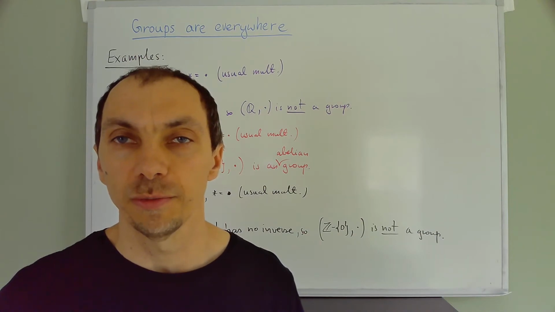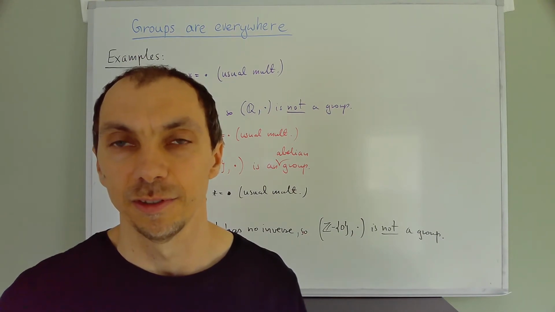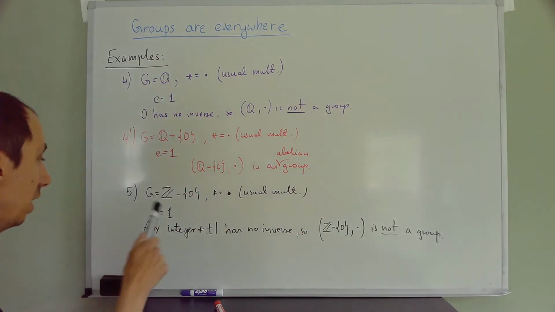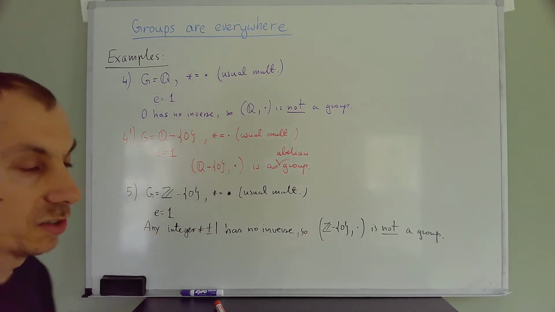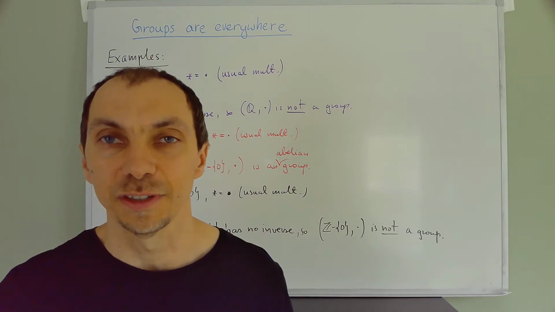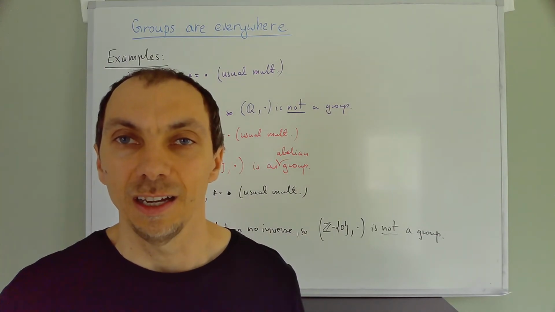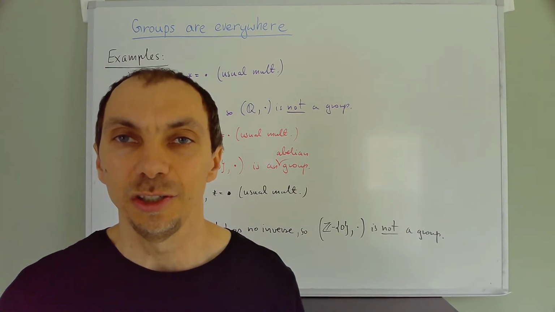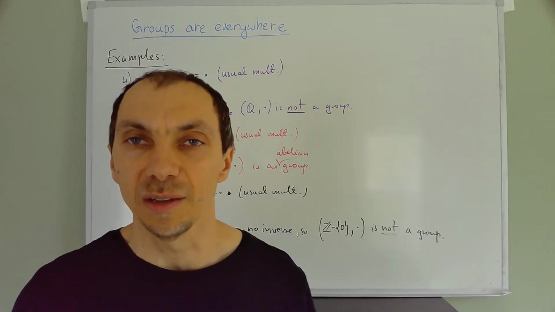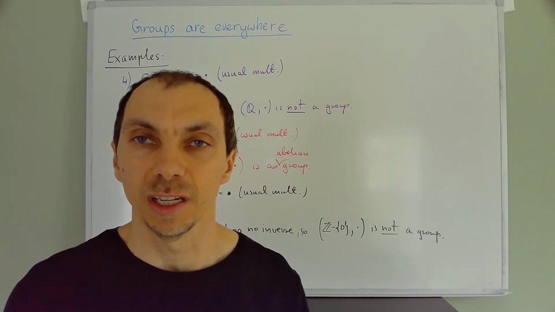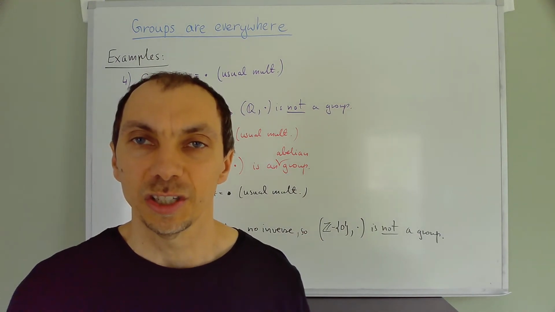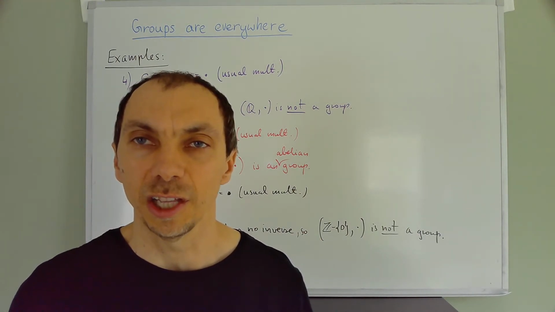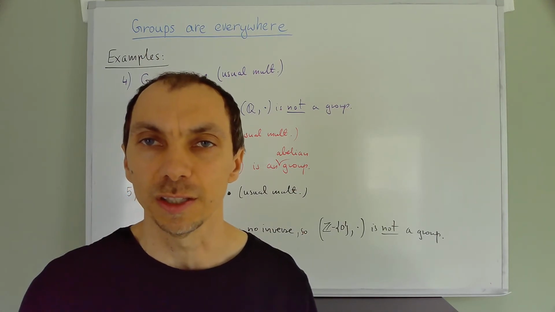Then we removed 0 from Z, and that somehow isn't enough, because not every element in Z, even other than 0, has an inverse. But we actually already know a name for such elements that have multiplicative inverses: they are called units.